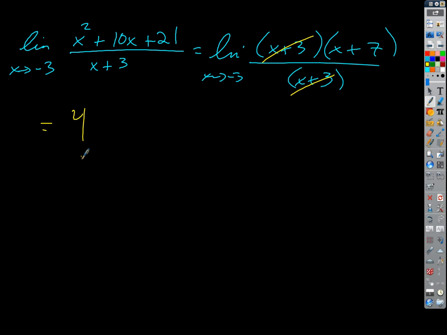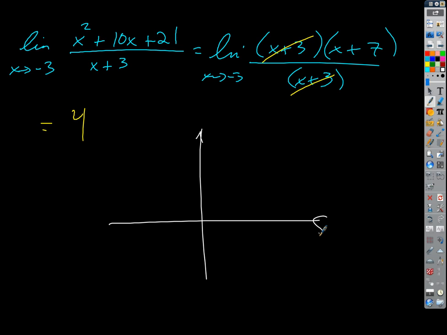Where did you get the -3 in the function? I picked that number so that it would be 0 over 0, right? We already know what this function looks like.